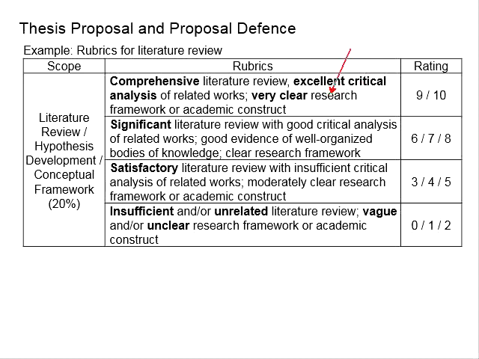Next, very clear research framework or academic conduct. That means there is a strong correlation between your literature review and your research work. There is no redundant move. Every single part of your literature review carries functions to serve your entire research. This is only when you get the highest rating of 9 to 10. Again, if you have all fulfilled, that means you get 10. If you have some not fulfilled, you get 9.